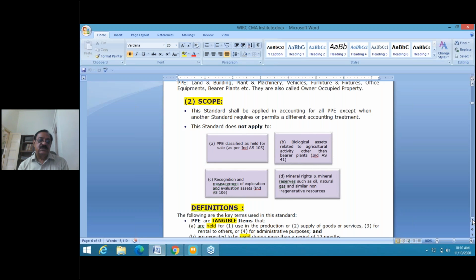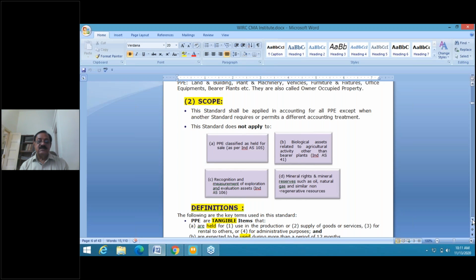Now, the property, plant, equipment to which this standard is not applied are: 1. PPE classified as held for sale. So this refers to your Ind AS 105. Then secondly, biological assets related to agriculture activity other than bearer plants.